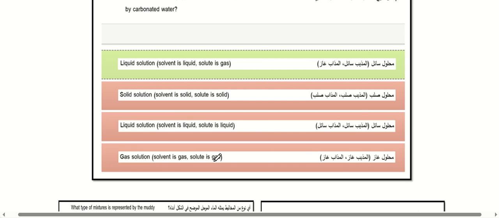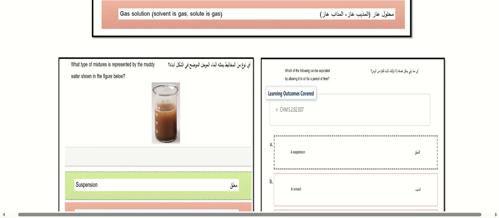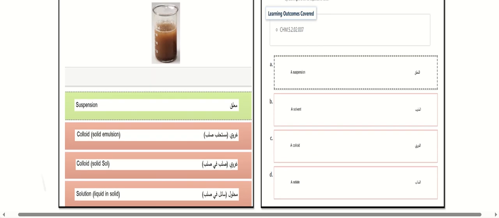Antifreeze also is liquid in liquid. Without reading the question, this is a suspension. Which of the following can be separated by allowing it to sit for a period of time? Suspension, of course, because sedimentation will appear and settling out, because the particles are large in size, not like the colloid.